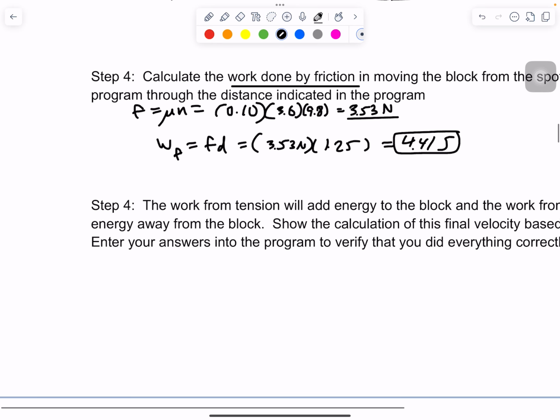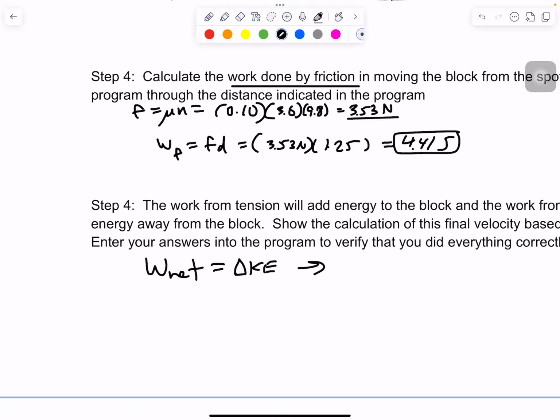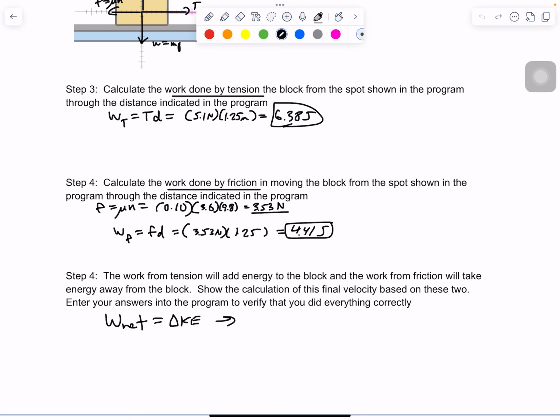So to do that, we know that the net work is equal to the change in kinetic energy. The net work is going to be the difference in your works.